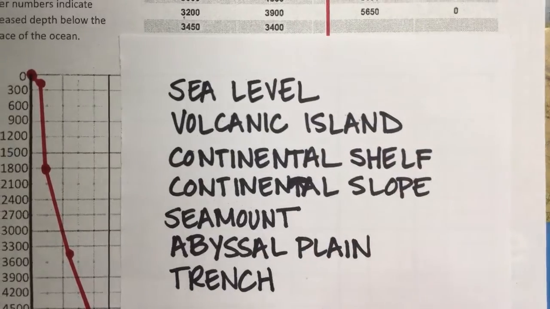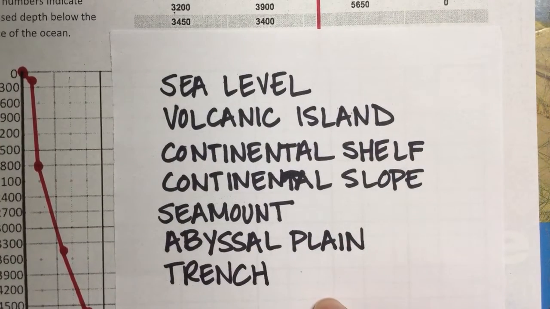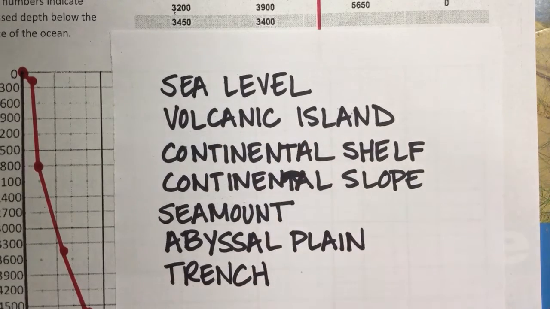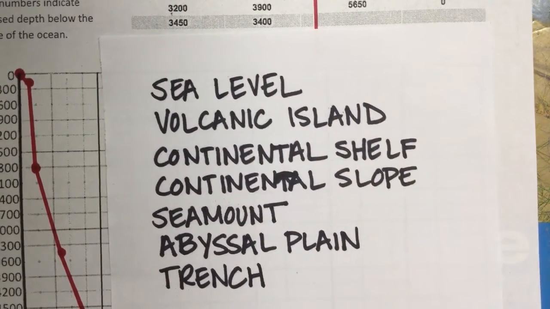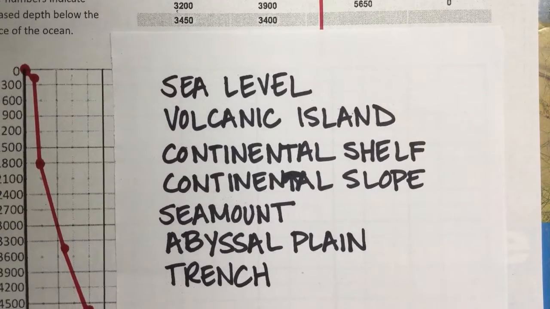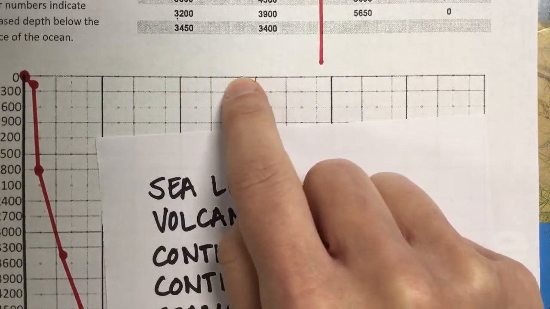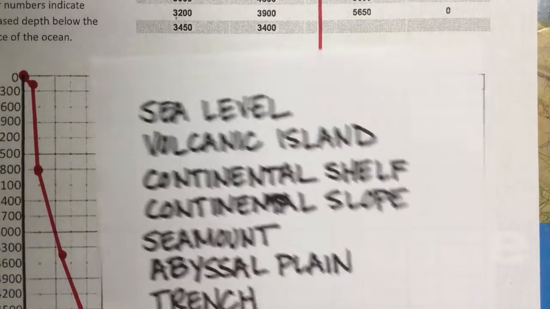And these are all vocabulary words, so you can always look back at that vocabulary list. Volcanic island, that is going to break the surface of the ocean. So it's going to come all the way up at some point to your 0 there.